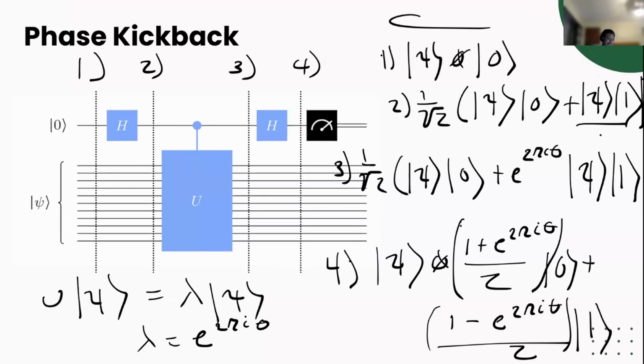Then we applied the unitary only when the qubit is in the state 1. And once we do that, we apply the second Hadamard, which I've simplified for you, and the state that you get back is this, where it's 1 plus e to the 2 pi i theta, squared.